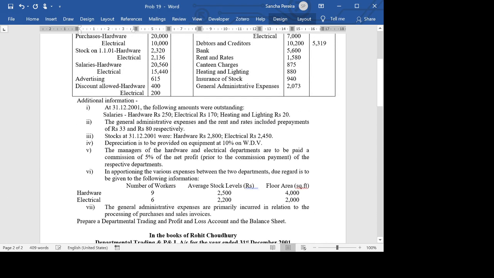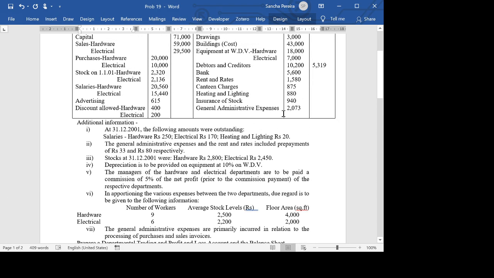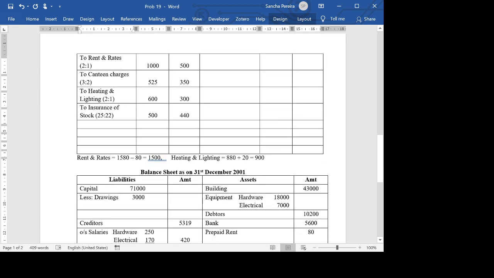Then the last one here is general administrative expenses, 2073. We have an adjustment that there is prepaid general administrative expenses of 33.